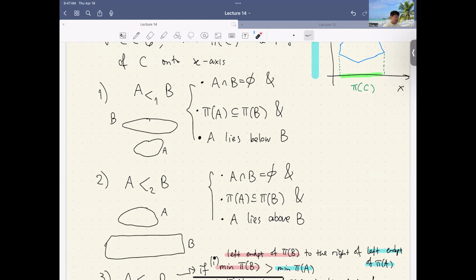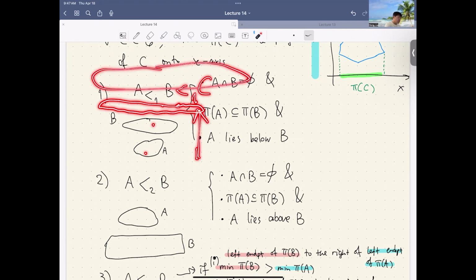The sets are disjoint and the projection contains another, and this lies below that. So if B is less than C in 1, that means the projection of B contains the projection of C, and B lies below C. So again, we have this natural order. One gets bigger, bigger, and bigger. So this is naturally transitive. All right, very easy. The others, you can check yourself.